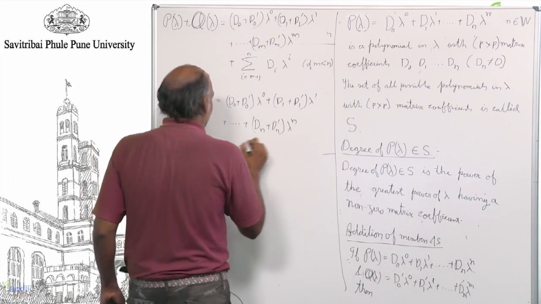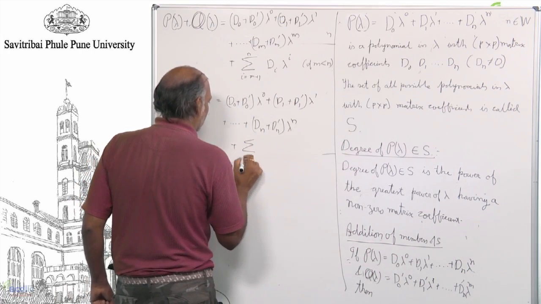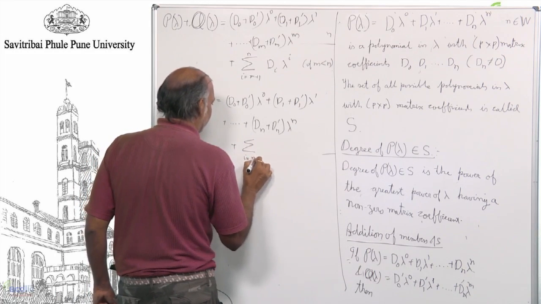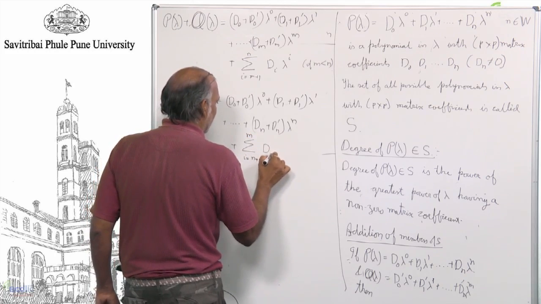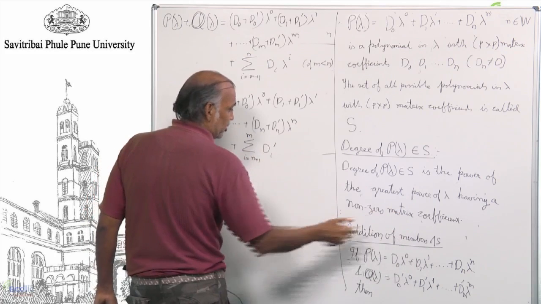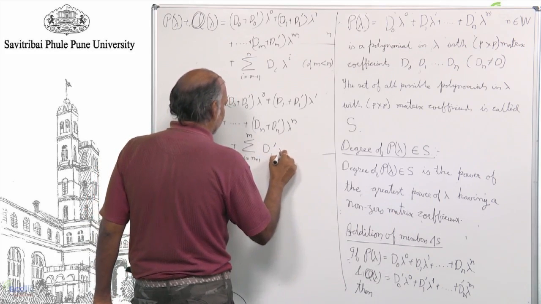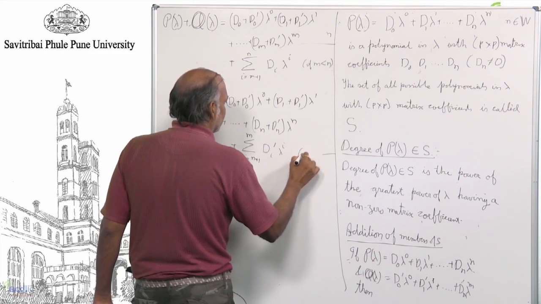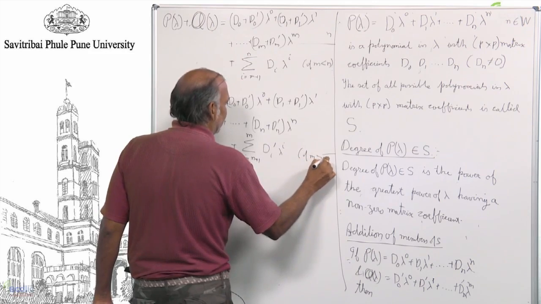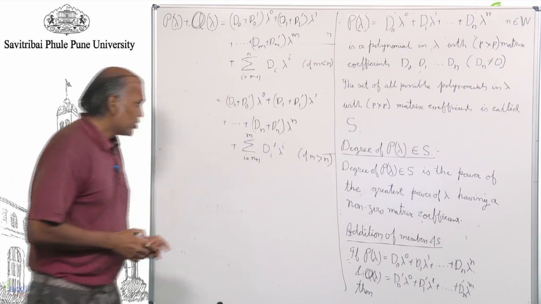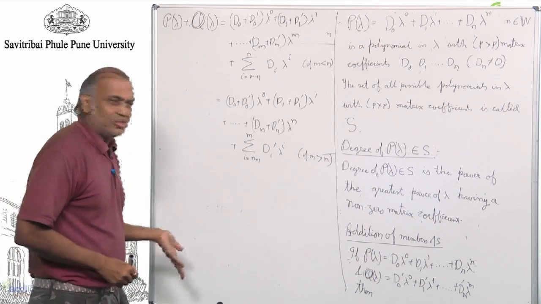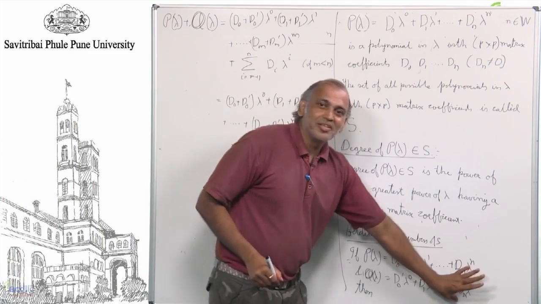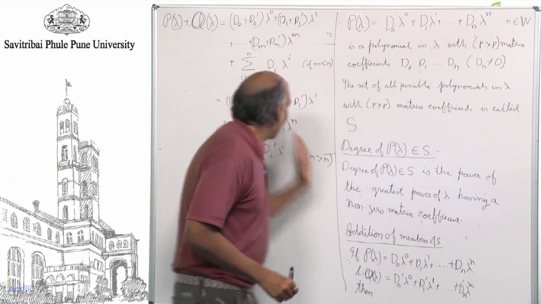So plus sigma over, let's say, i equal to n plus 1 to m of di dash lambda to the power i. This time m is bigger, if m is bigger than n. Of course, if m is equal to n, then you will have terms exactly equal, so you don't have to do all these things.